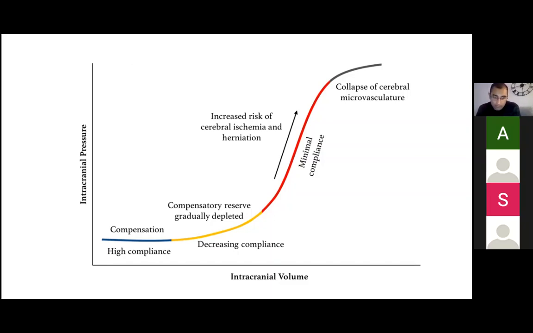Eventually, as the intracranial volume continues to increase, we get reduced compliance, and this compensation reserve gradually depletes. And we lose this compensation, and we get a sharp rise in intracranial pressure, and this increases risk of cerebral ischemia and herniation. So this is the curve.